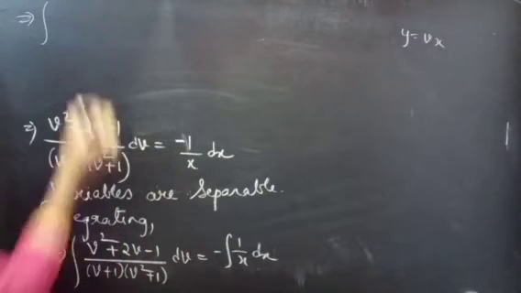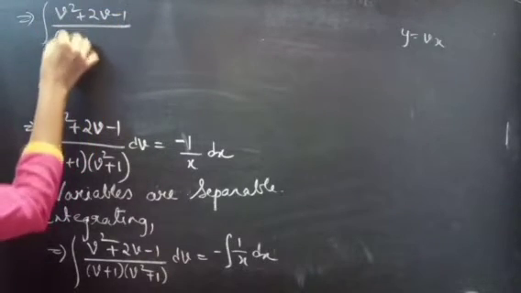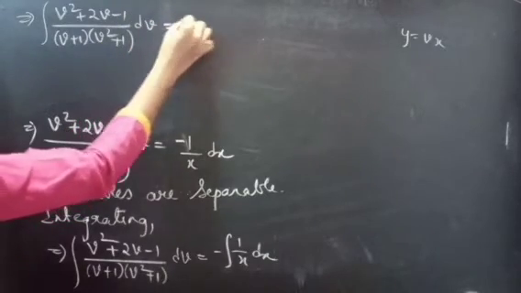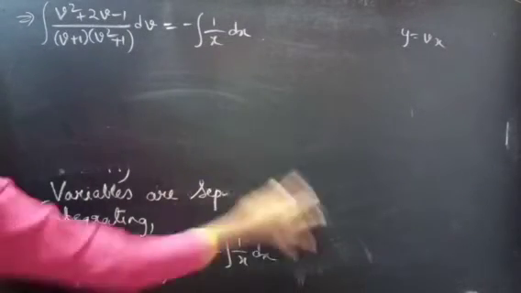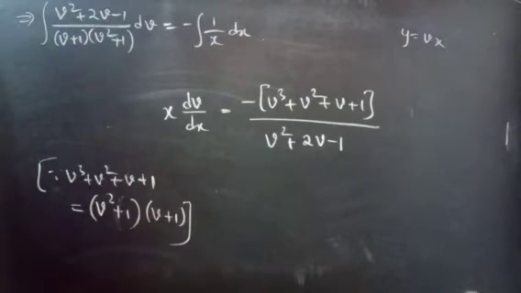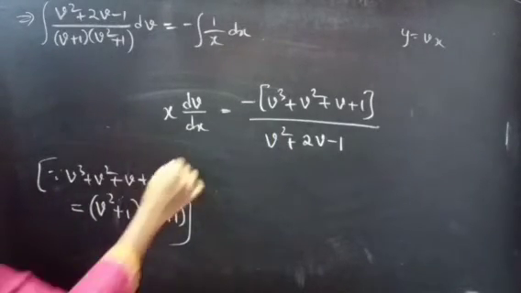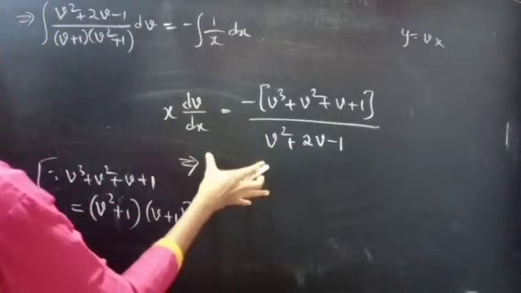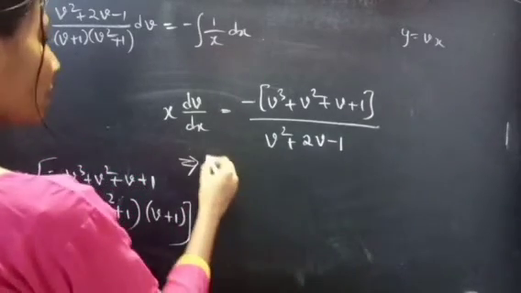I'm writing the same step here. Integral v square plus 2v minus 1 by v plus 1 into v square plus 1 into dv equals to minus integral 1 by x into dx. See, we can replace the terms under square brackets by this here itself, or we can replace it later, like by writing all the functions of v and dv on one side and functions of x into dx on the other side.